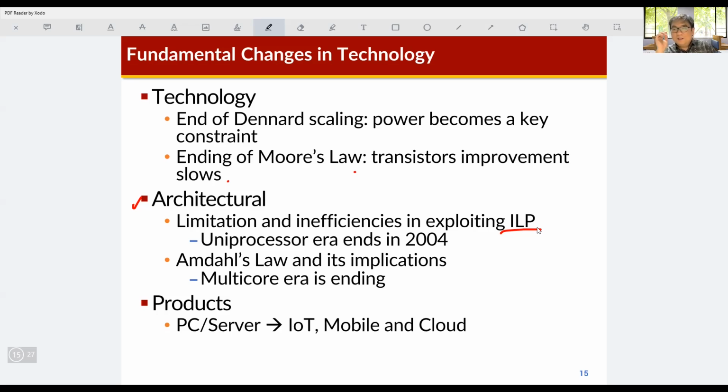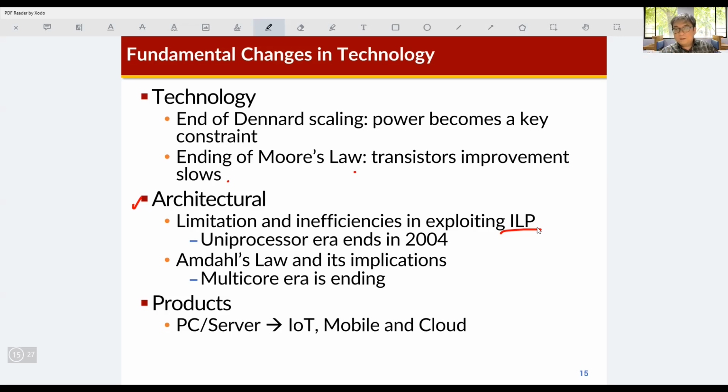But this technology advance stopped in the early 2000s, so the uniprocessor era ended in 2004, and then we improved the performance of the CPU with multi-core, like MIMD architecture.